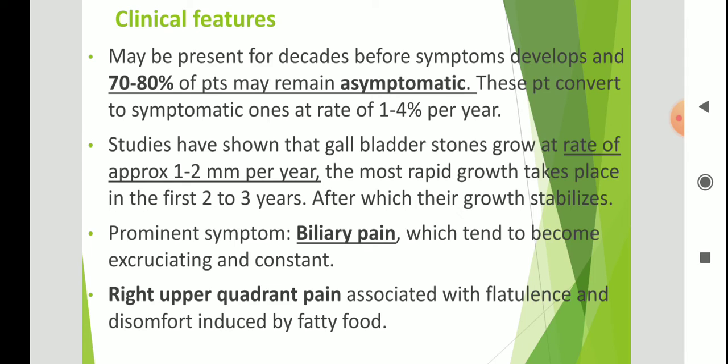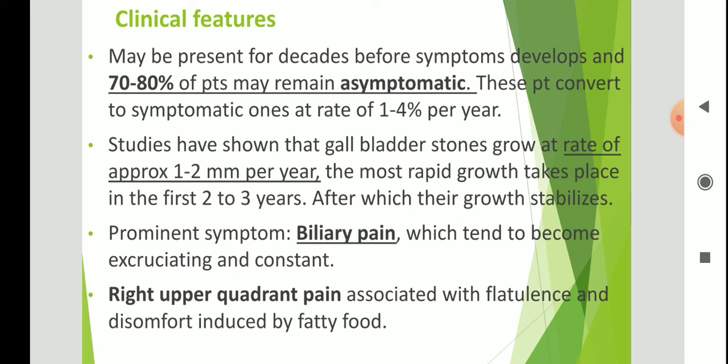The clinical features: 80% remain asymptomatic, so only 20% have some sort of symptoms. Studies have shown that gallbladder stones grow at a rate of approximately 1 or 2 mm per year, a very slow pace, so you can say patient friendly.